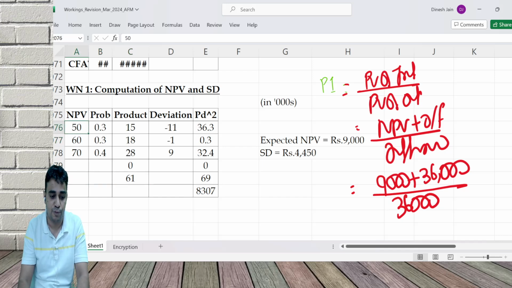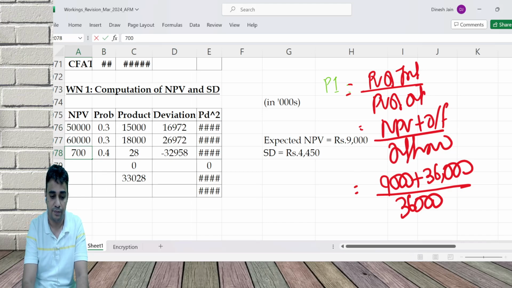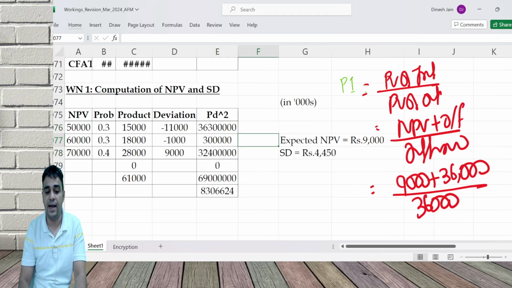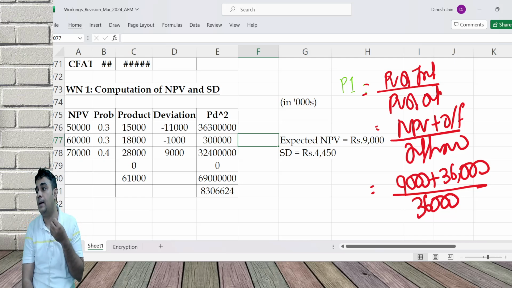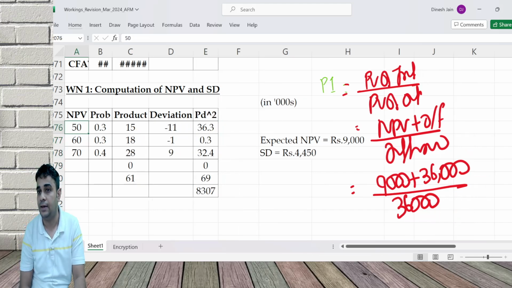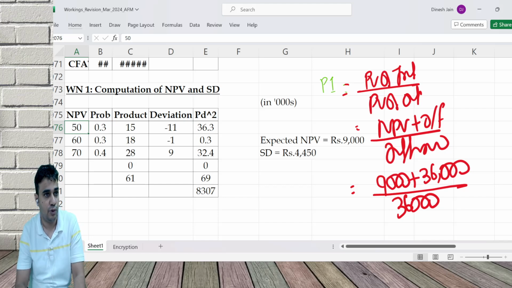If I don't do this problem in thousands, in Excel I have no problem, with 50,000, 60,000, 70,000, I can get the answer. But when I tell you to work with these numbers, with so many zeros, most of the time students end up making a mistake. So for that purpose, we made it 50, 60, 70. So variance is not 69 into 1000, it is 69 into 1000 into 1000.